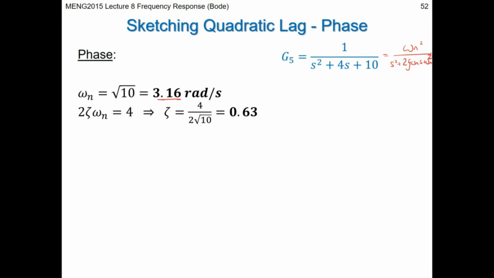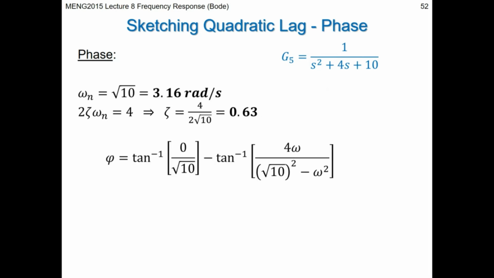So our omega n squared here equates to our 10, so omega n is root 10, 3.16. We know that 2 zeta omega n is 4. That's this term here. So we can calculate our value for zeta, 0.63. So we have values for omega n and zeta.